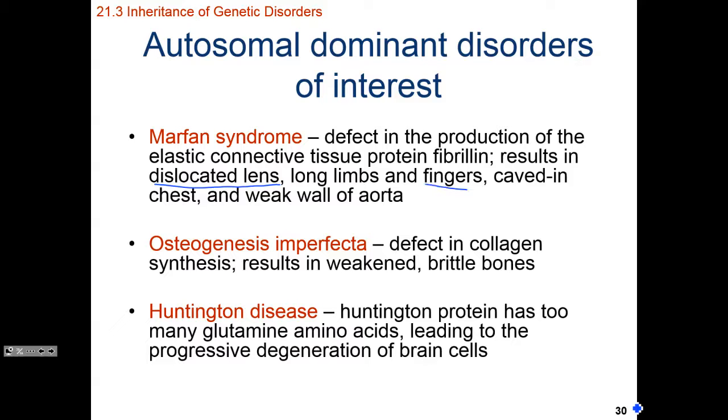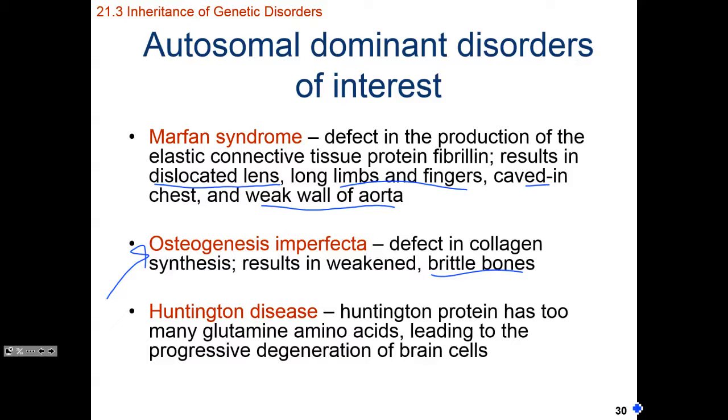They have abnormally long fingers, a caved-in chest, and the wall of their aorta is weakened and likely to burst from a lack of proper connective tissues. If somebody has osteogenesis imperfecta, they have imperfect creation of bone in their bodies. In other words, they have super duper brittle bones.